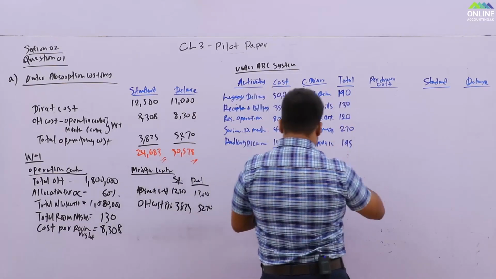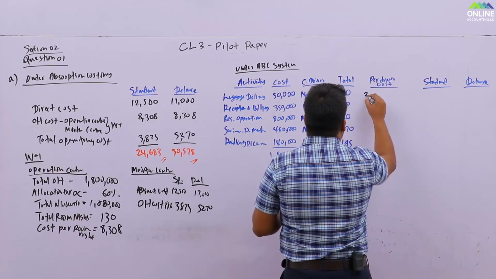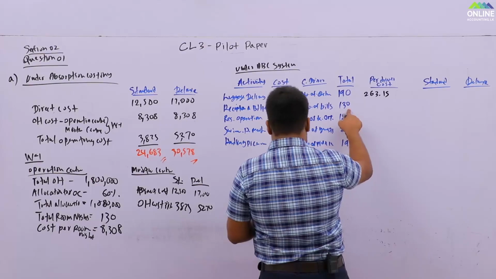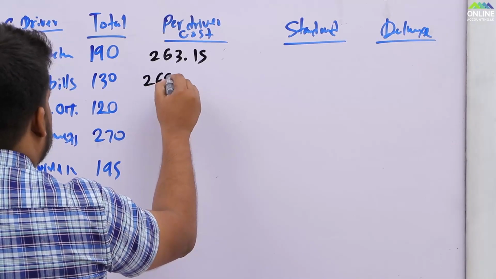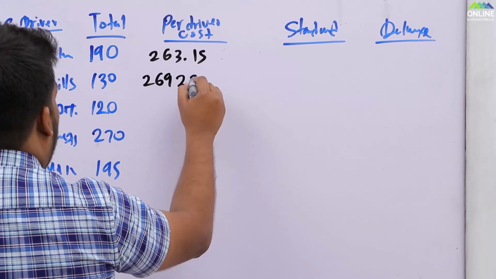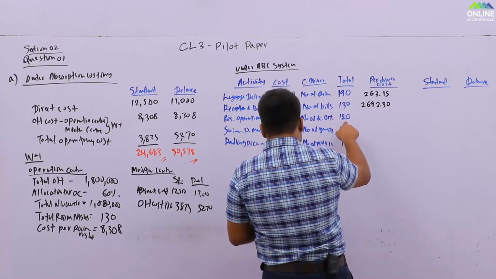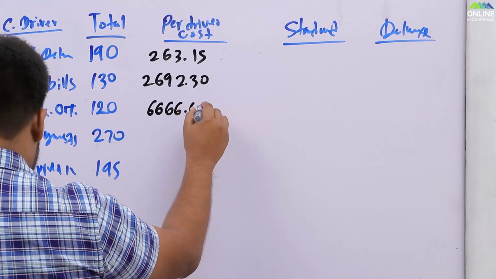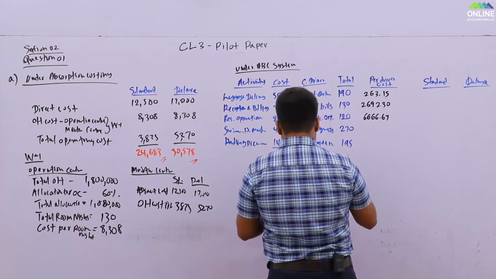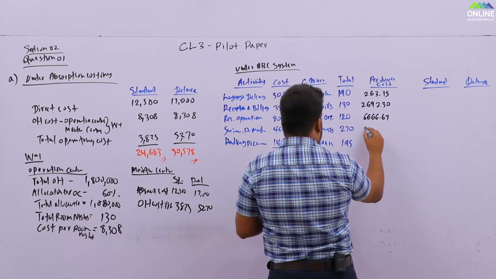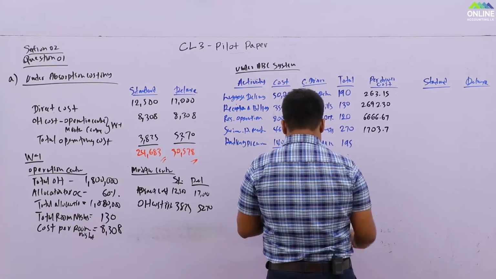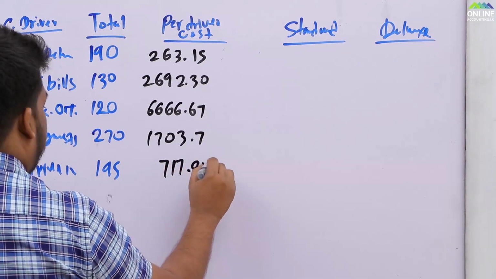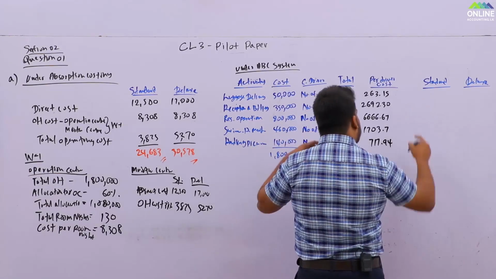This divided by this: 263.15. This divided by this: 2692.3. This divided by this: 66,667. Then 1703.7. Then 717.94.